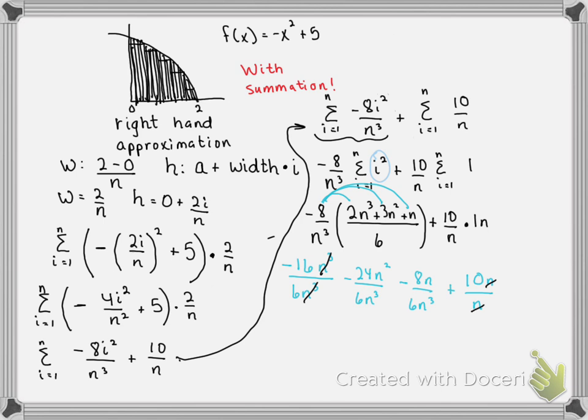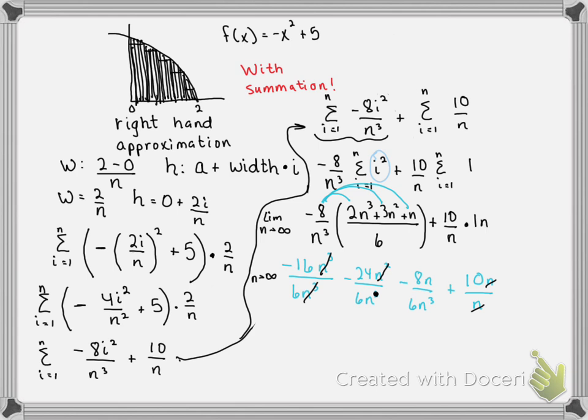Now, the thing here is we are actually looking for, and I'm just going to write it in here, the limit as n approaches infinity. As n approaches infinity. So, even if we do some reducing right here, n squared will go away and take 2 of those away.